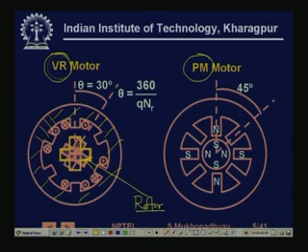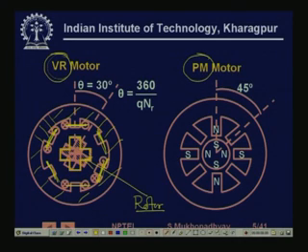These 2 windings and these 2 windings are one phase, and these 2 windings and these 2 windings are another phase, and here we have not shown coils, there will be another phase. So, it has 3 phases and it has 4 rotor teeth.